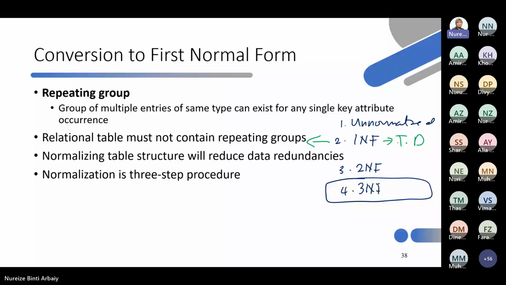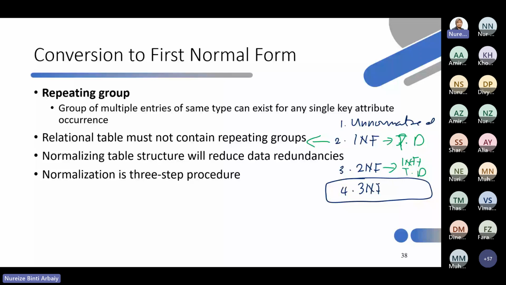Second normal form is in the condition of first normal form with no partial dependency, and this one with no transitive dependency. So that makes things clear.